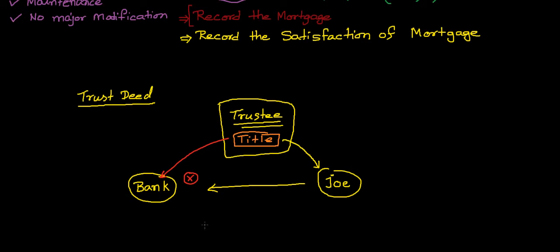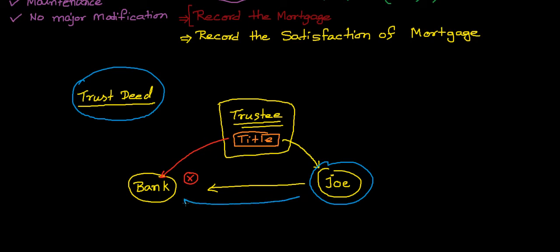That is much easier than the other way. When this instrument, the trust deed or deed of trust, is not used, Joe has to go through the foreclosure process in order to pay the remaining balance, or whatever money he owed, that he has to return to the bank.